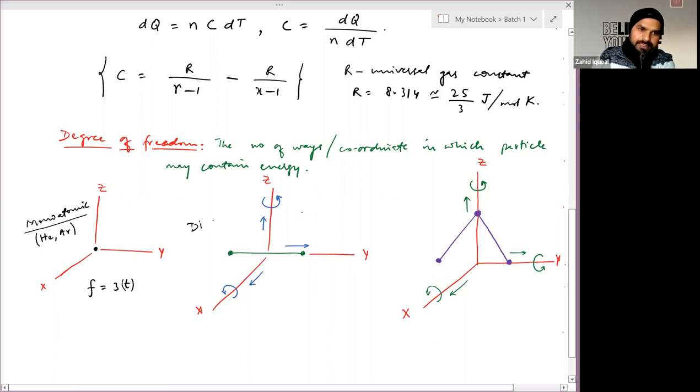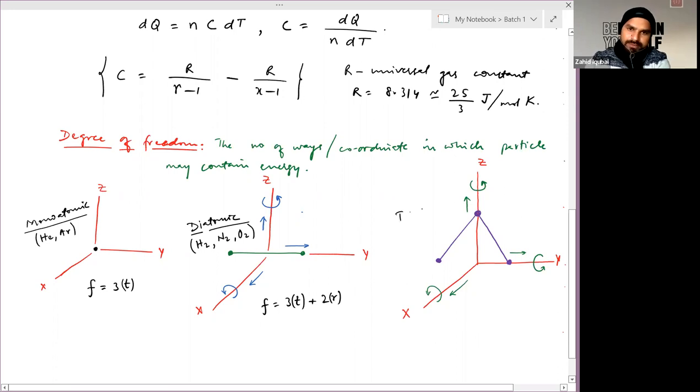Second, in case of diatomic, such as hydrogen, nitrogen, oxygen, and so on, it has 3 translational and 2 rotational energy. So in total, it will have 5 degrees of freedom in just one molecule.